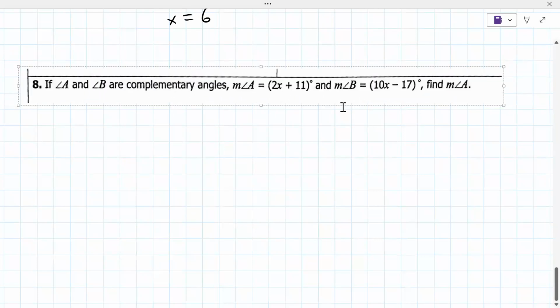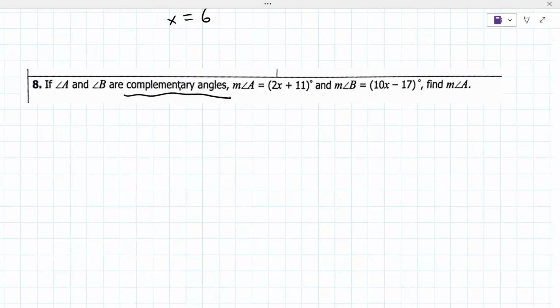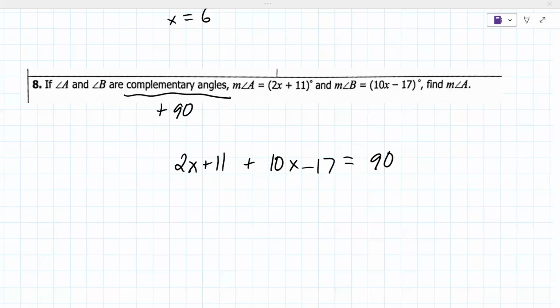All right, if A and B are complementary angles, what does that mean they add up to? 90. So we just write the equation 2x plus 11 plus 10x minus 17 equals 90. Go ahead and solve this equation.